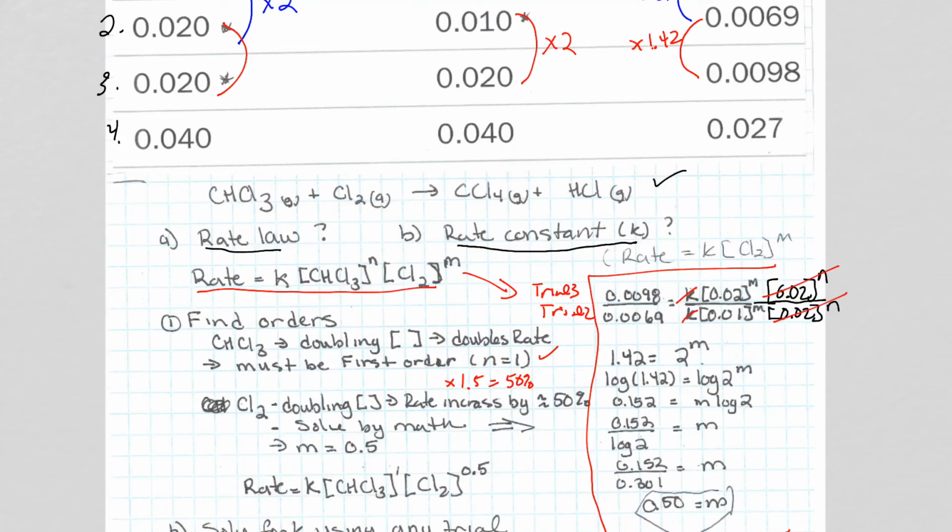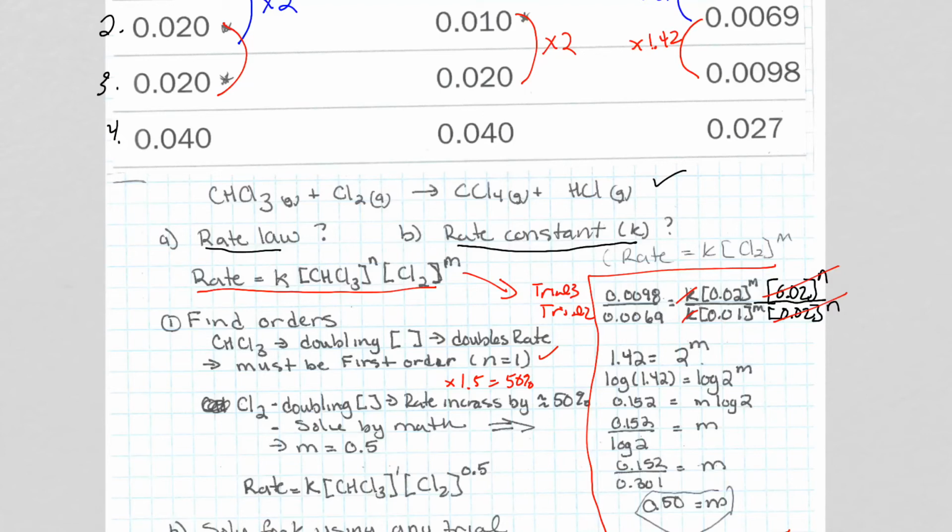Now, this is where the math becomes maybe a little bit tricky, and that is, how do we figure out what this exponent is? Well, the way that we figure out what a power is, we take a log. So we're going to take the log of both sides. If we take the log of a power, the exponent comes down, and we get m times the log of 2.